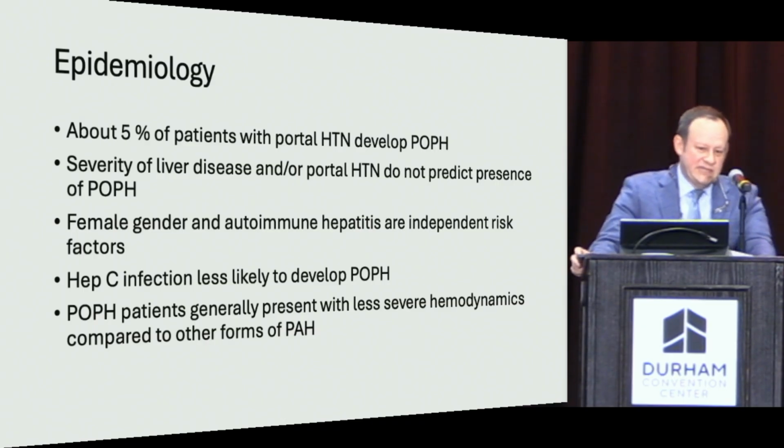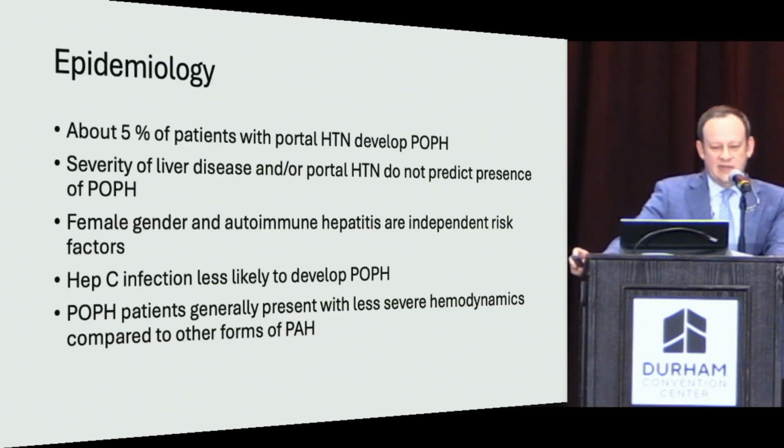Interestingly, patients with hepatitis C infection are less likely to develop portopulmonary hypertension. And these patients generally present with less severe hemodynamics compared to other forms of PAH. And interestingly, on the average, seem to respond much more robustly and dramatically hemodynamically compared to other group 1 PAH etiologies.